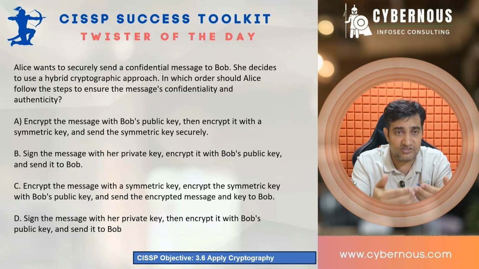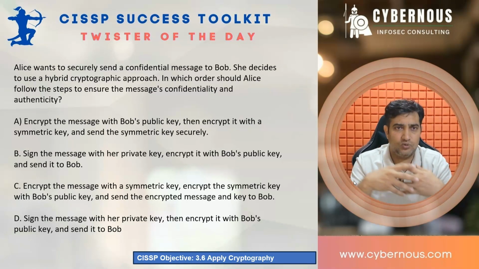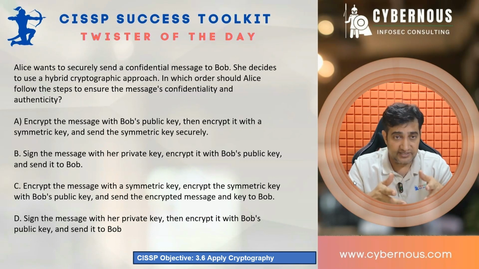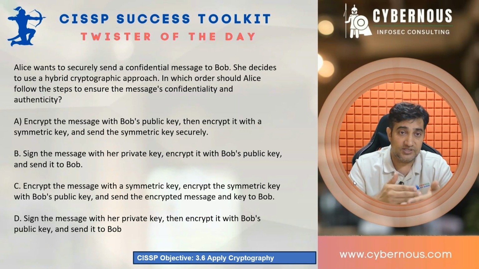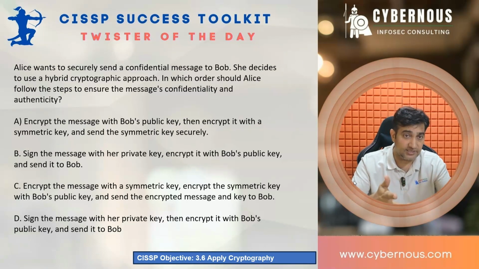When this reaches your end, you will first use your private key to decrypt the session key. Once you get the session key, or the symmetric key, you will use that to decrypt the bulk of the data. So that is what happens in hybrid cryptography. So C is the answer here.